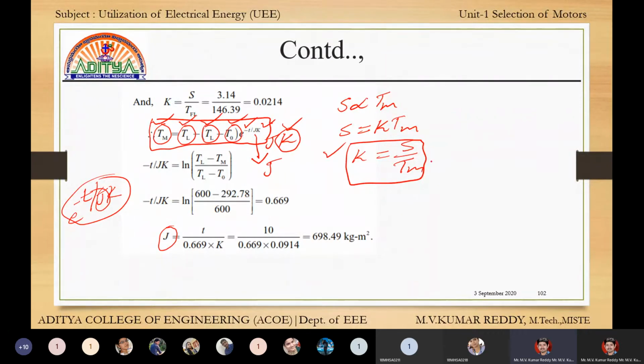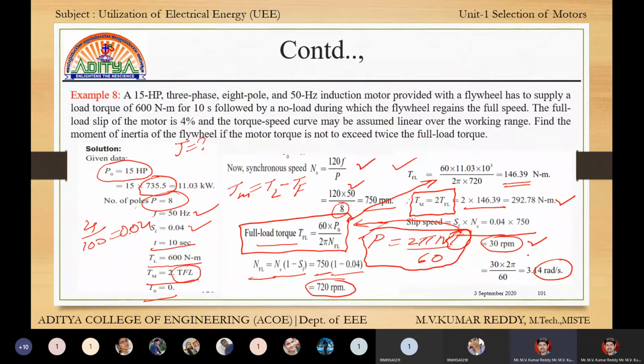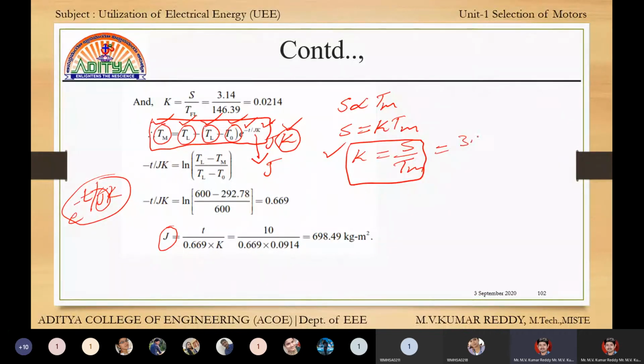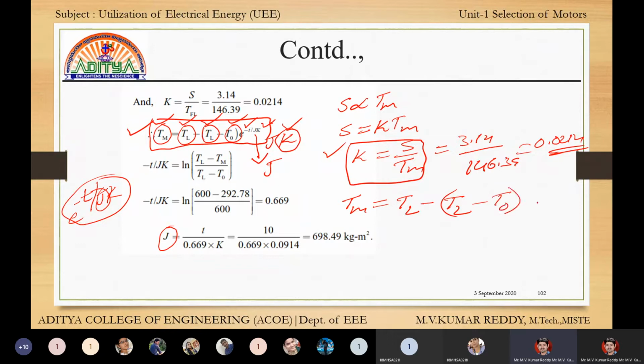K is equal to S by Tm, where S is the slip speed we found previously. That is 3.14 divided by 146.39, which is equal to 0.0214. This is a constant, therefore it has no units. Now take the formula for condition 1: Tm is equal to TL minus (TL minus T naught) into e power minus t by jk.